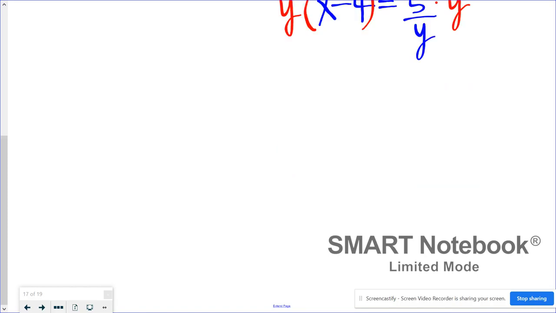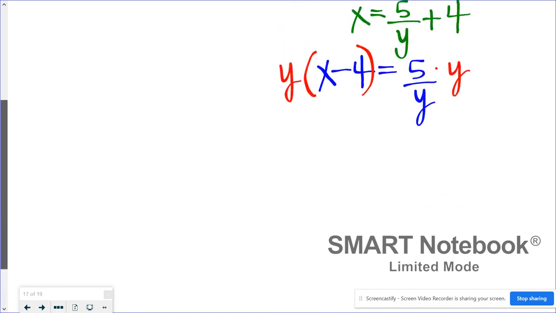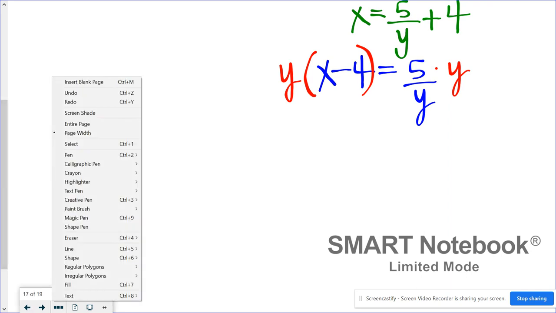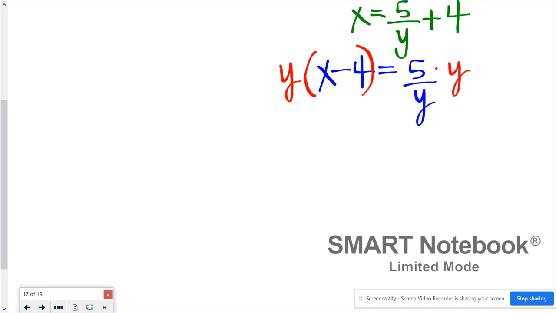I'm a little hesitant to distribute the y because if I distribute the y, I'll have x times y minus 4 times y, and I'm trying to get y all by itself. So bringing 2 y's into this, I don't want to do that. So I'm not going to distribute. There's got to be another way that I can get y all by itself without distributing. Well, think about what the left-hand side says.